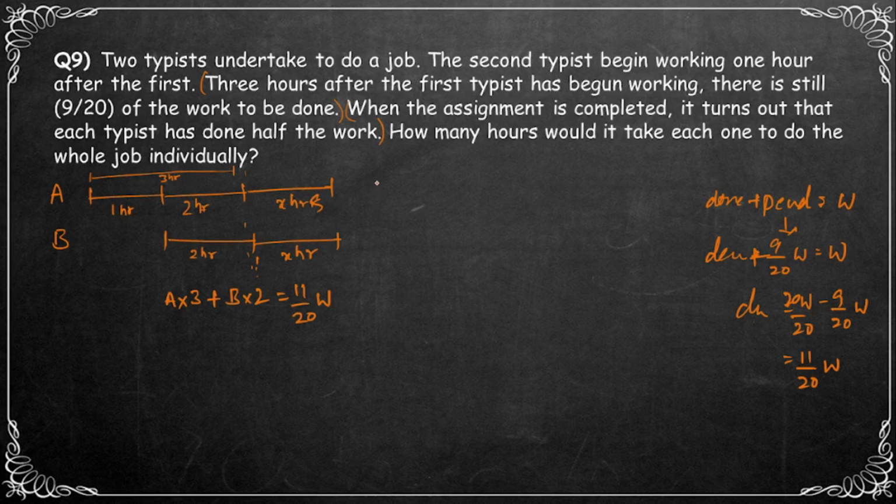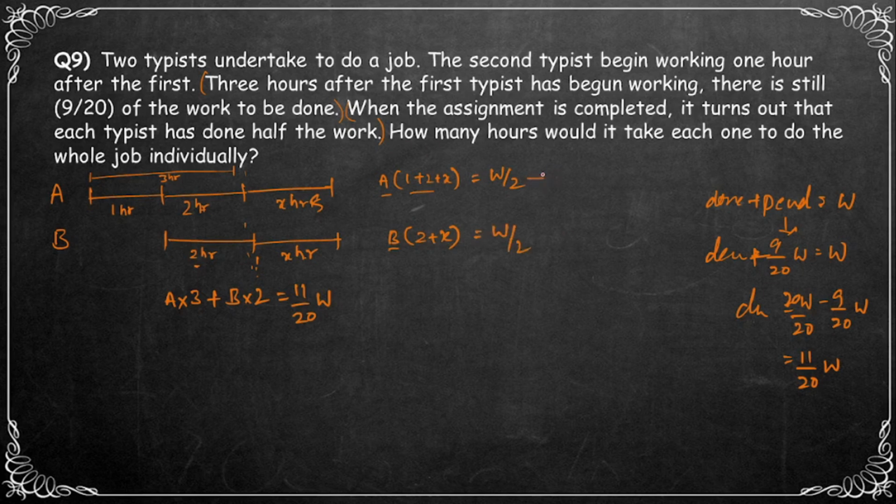So A working for 1 plus 2 plus x number of hours, productivity into time, has completed half of the work. Now B working for 2 plus x, productivity into time, has completed half of the work.